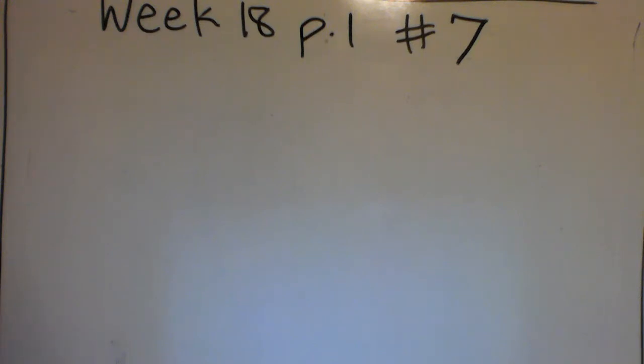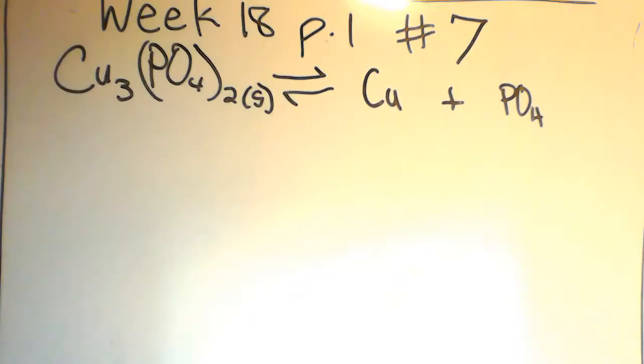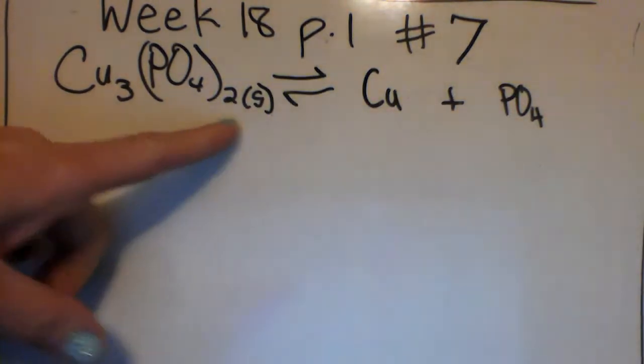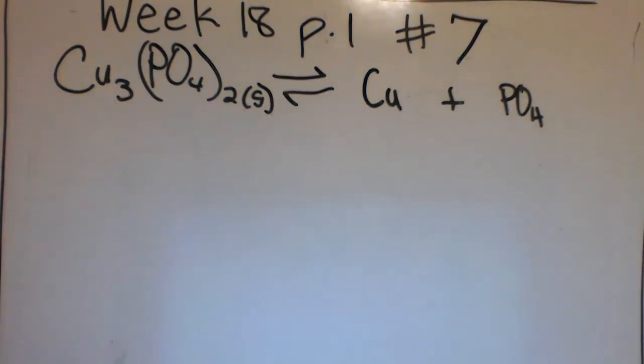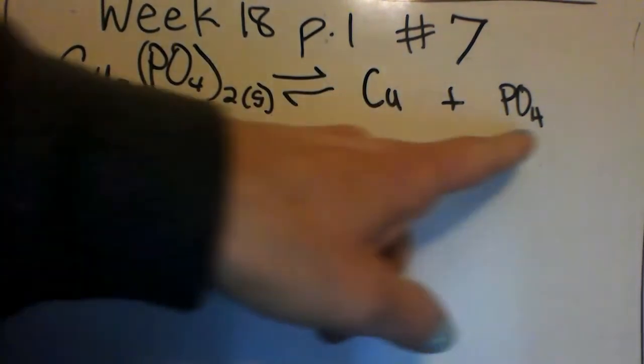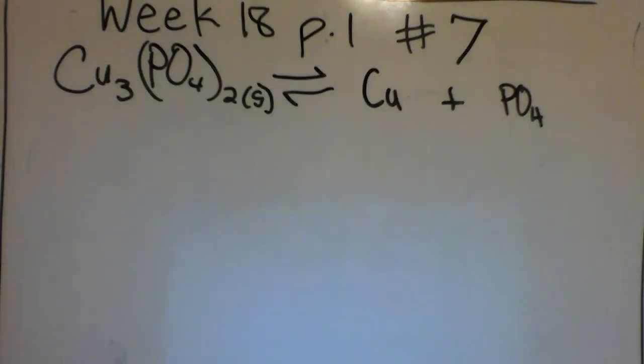So we have to write out the equation. I start by separating the solid copper phosphate into its individual components, copper and phosphate. Notice that the polyatomic ion, phosphate here, doesn't get separated. It acts as one individual ion. Next, we are going to figure out the charges on each of these.